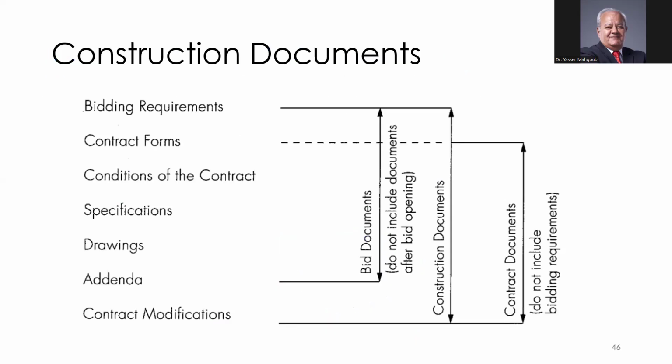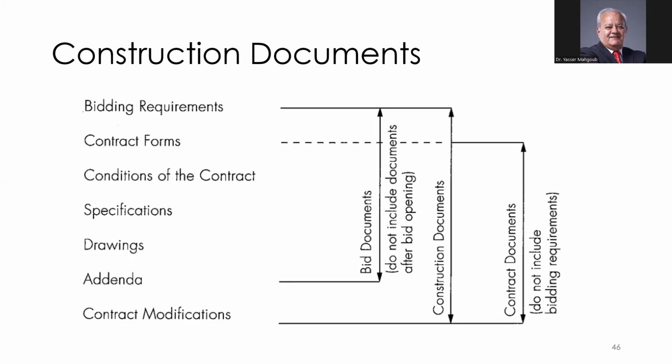Okay? So the documents that we use for the construction documents are very important to understand, and you need to understand the relationship between them. We have the bidding requirements, the contract forms, the conditions, the specs, the drawings, the addenda, and the contract modification. Some of them fall into the bidding documents. The contract modification is after the bidding, so it's not part of the bidding documents.